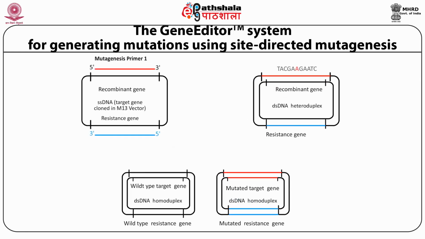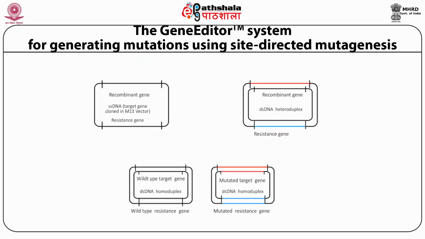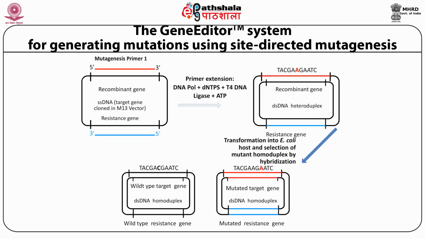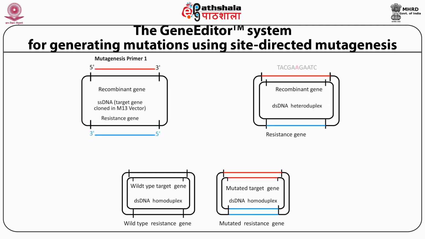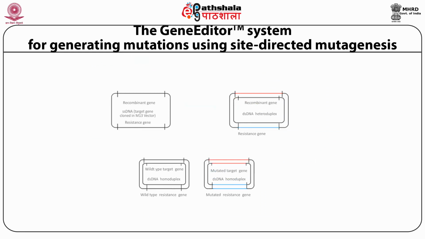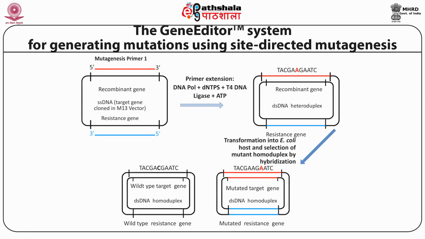But here we can see that the mutated double-stranded fragment has a mutated resistance gene. So the recombinant which has the desired mutation can be selected at a slightly higher concentration of the antibiotic, for which the resistance has now been incorporated into the mutated duplex.